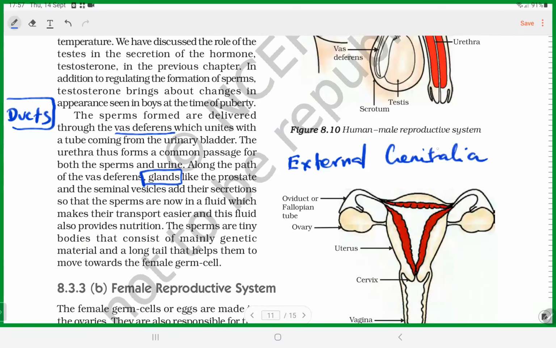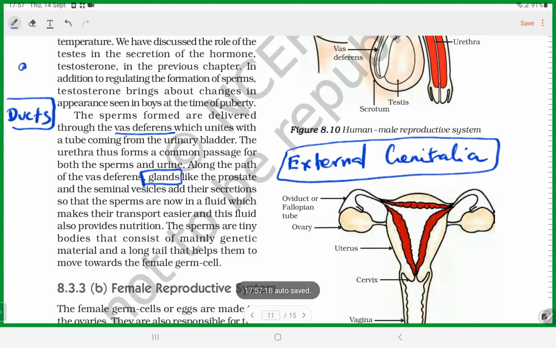Now we will discuss all these components one by one.